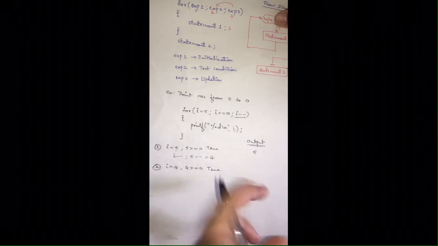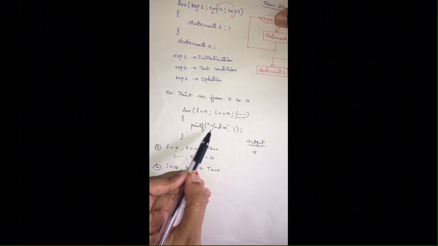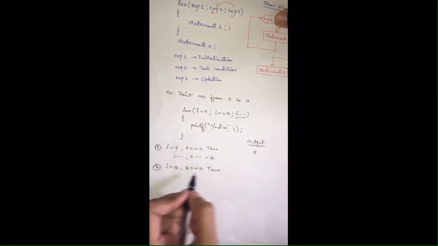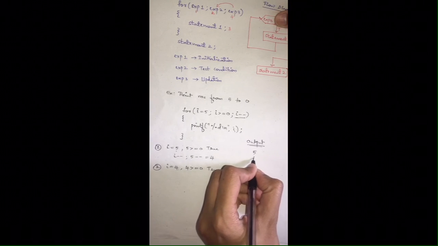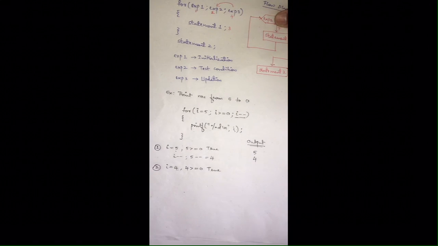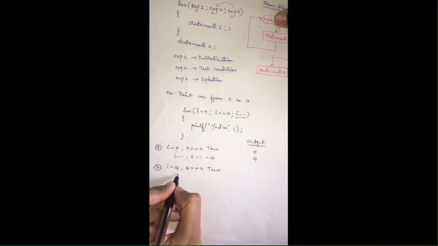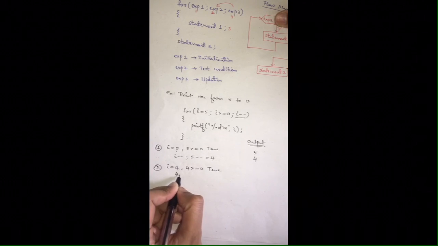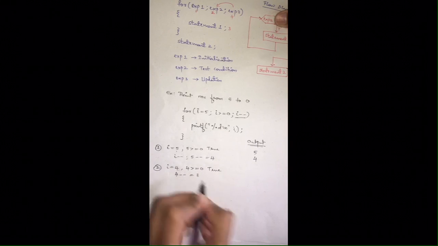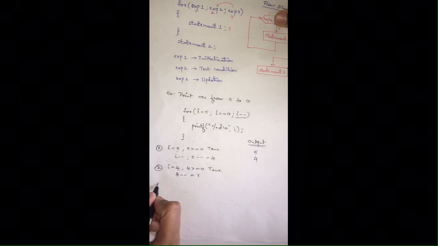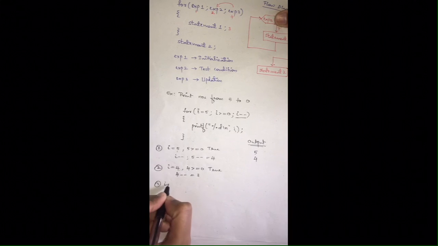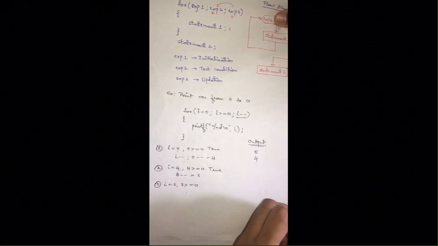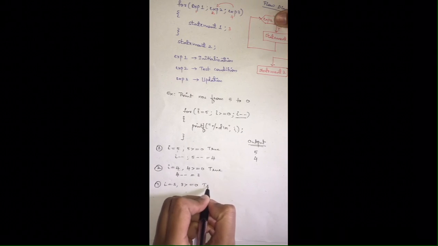Once it enters the loop, the printf statement prints the i value, which is 4. So print 4 in the next line. Next, update the loop by decrementing, so the i value 4 minus minus is 3. In the third iteration our i value is 3 and we check the condition: 3 is greater than or equal to 0. Yes, it is true.